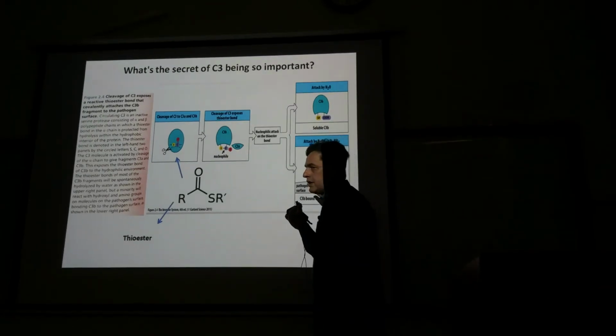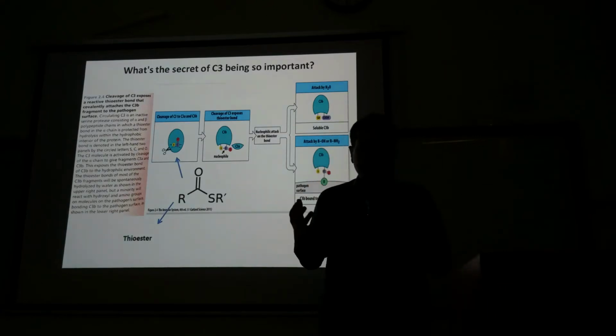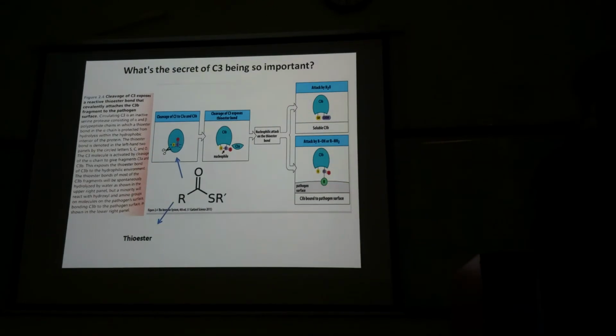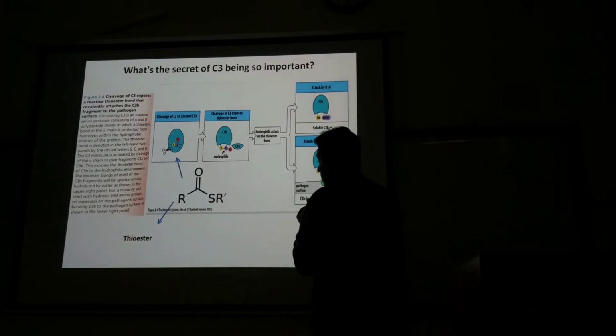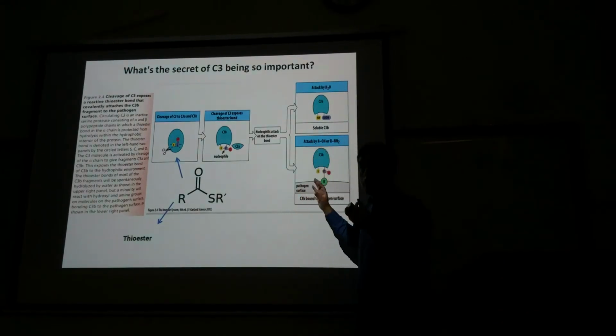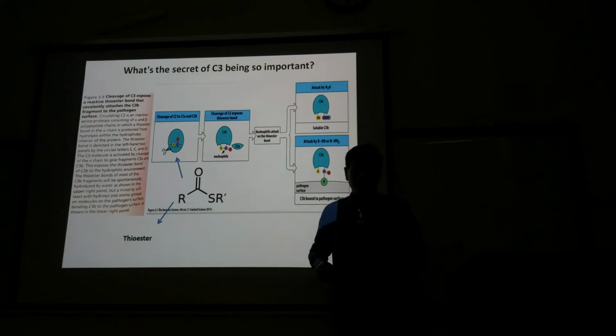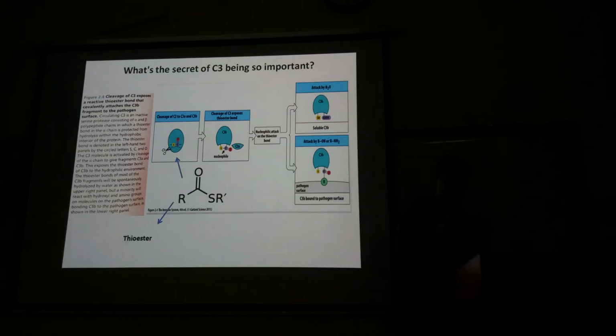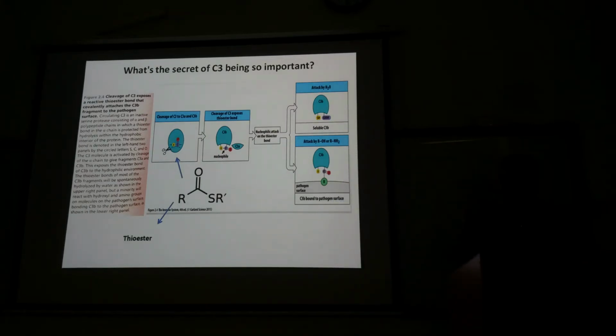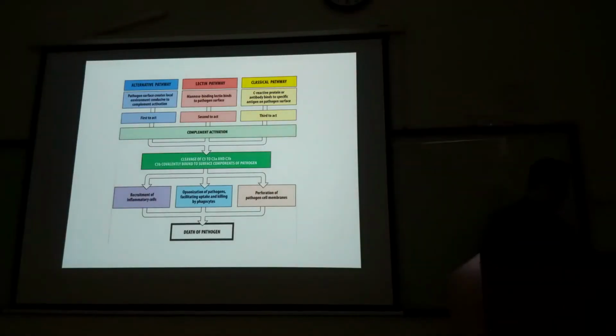So this is fixation, and more and more of these C3b molecules would be fixed to the surface of the pathogen. That would make the pathogen known inside the body to be targeted by different cells of your immune system. In order to destroy it, it is very much needed to coat it with some markers or some molecules.